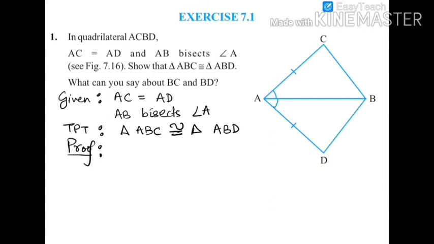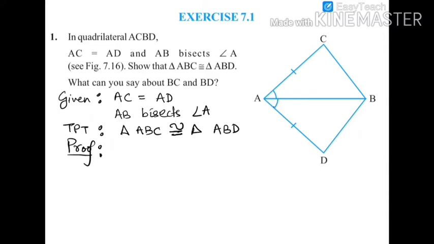In order to prove the triangles congruent, we need to apply one of the criteria that we have studied. So we will have to find corresponding sides and angles in these two triangles that are equal.